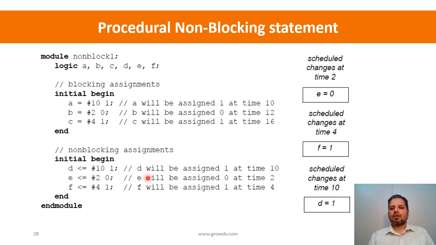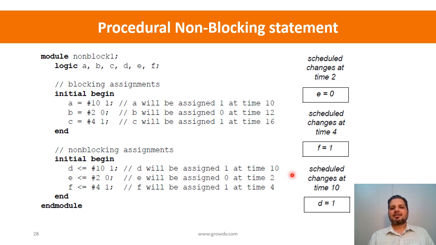Whereas when you do the non-blocking assignments, all of them in essence execute in parallel, because when this statement gets executed and gets scheduled to be assigned at 10, at the same time the e statement gets executed, and then it gets scheduled to be assigned at 2, and this one gets executed. So all of them execute at the same time step, but the assignments of the value from the RHS to the LHS get scheduled at different points of time.